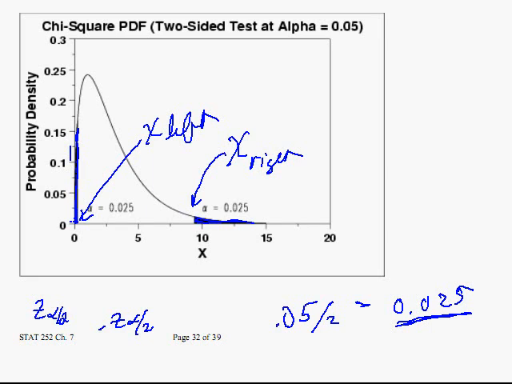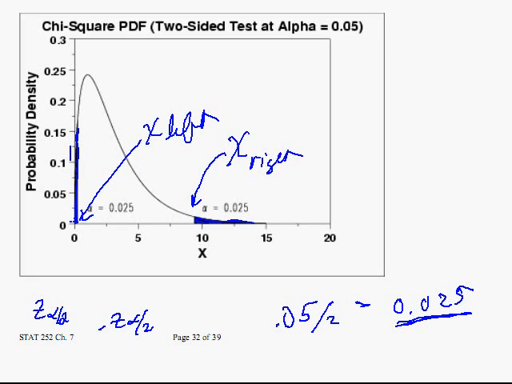There's a procedure on how to find them. So here's the idea again. You're looking at the area under the curve. If you have a 90% confidence area under the curve, then you're going to reject 10% of the area under the curve. If you want a 95% confidence level, then you're going to reject 5% of the area under the curve. The rejected area is going to be contained in tails.